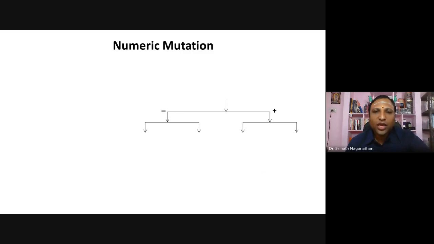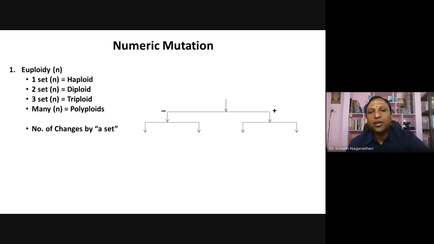Numeric mutation. In numeric mutation, basically it depends on the numbers. It is divided into two types, as we have seen: euploidy and aneuploidy.